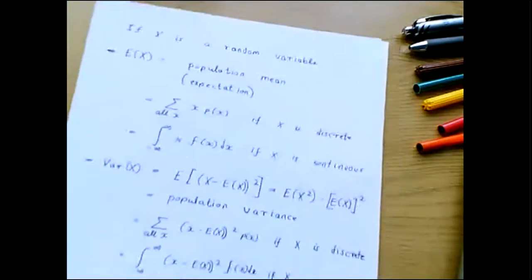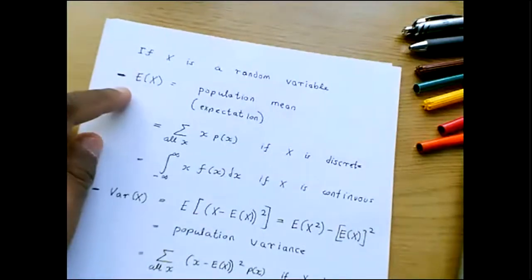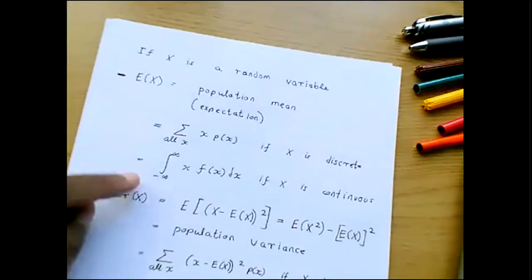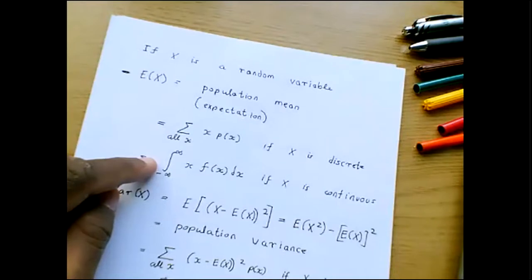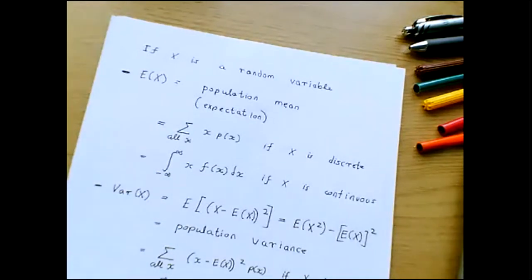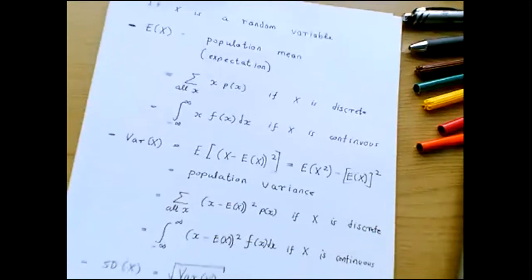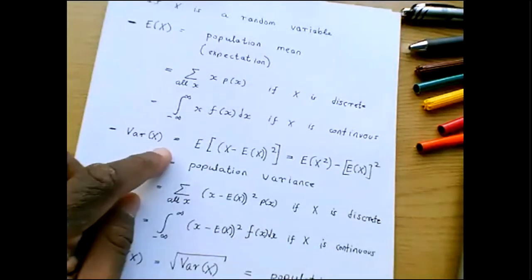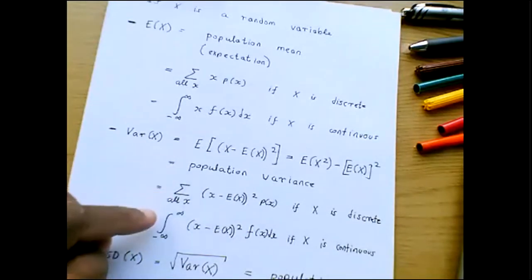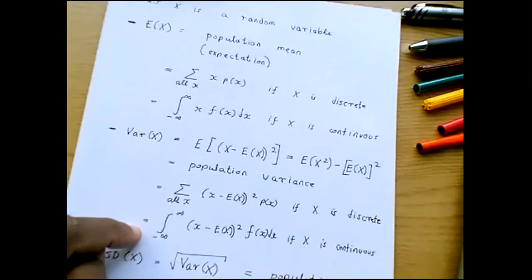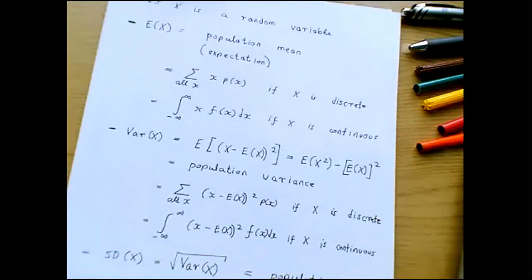And now, if X is a random variable, this denotes the population mean and is defined by these two, depending on whether the variable is discrete or continuous. And the variance is defined by this, right? And again, it's defined by one of these two formulas, depending on whether it's a discrete or continuous variable.